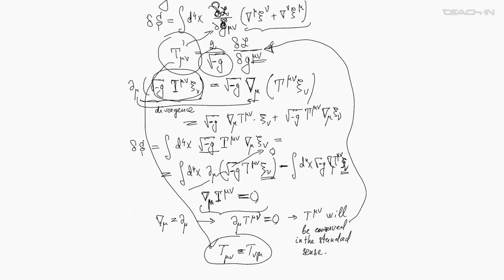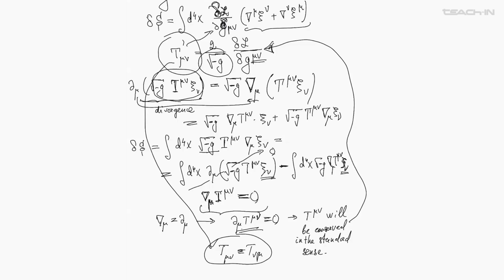And then once you derive this object, it will have the meaning of the stress energy tensor with the usual conservation law if you then return, in the final equation, to the flat Minkowski metric.